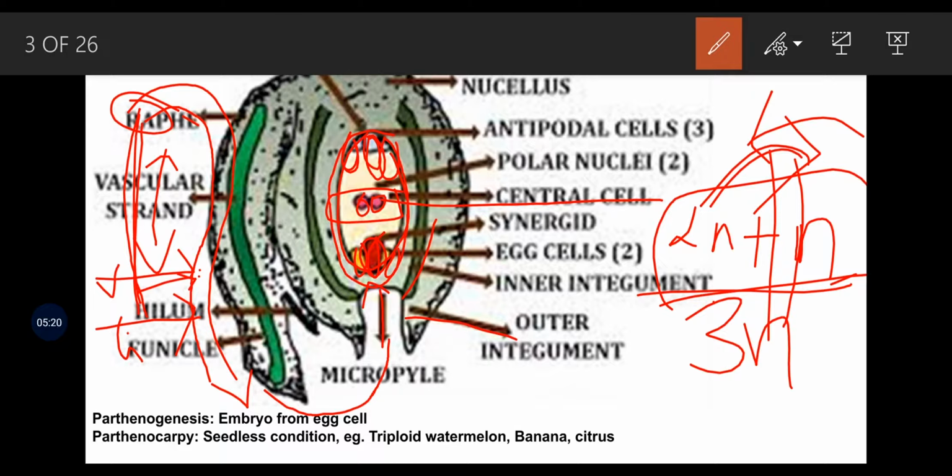The funicle is the attachment portion which holds or gives a structural property to this particular ovule. Then the other parts like vascular strands, then nucellus, the outer cellular portion, synergids and antipodal cells, all these things I have already labeled.